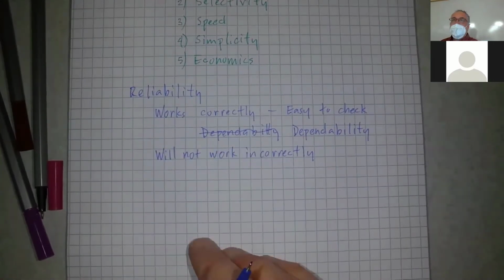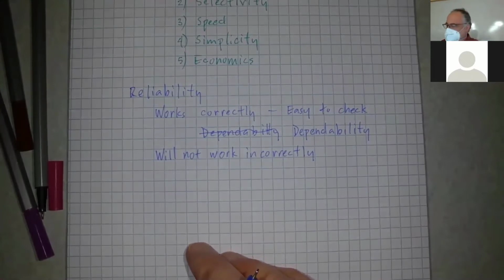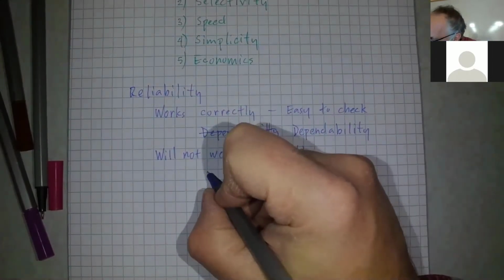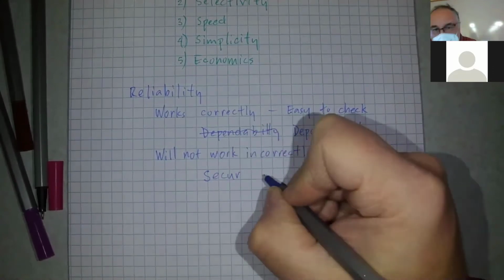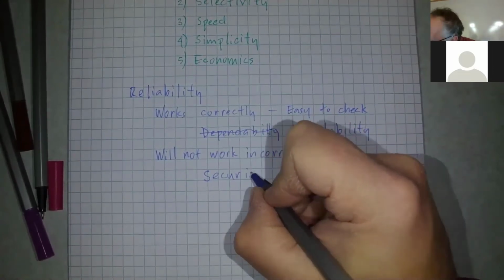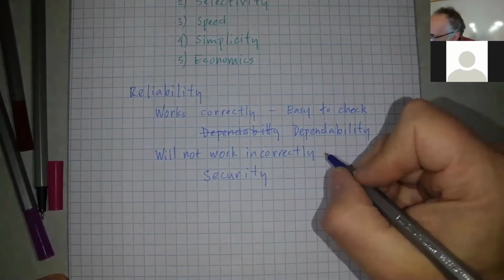So it works correctly. We can test that. We can put current into the relay and make sure it works. And that's dependability. Security is it will not work incorrectly.